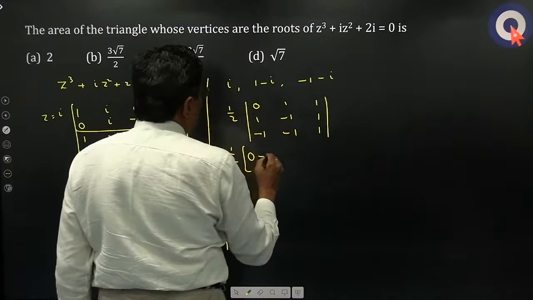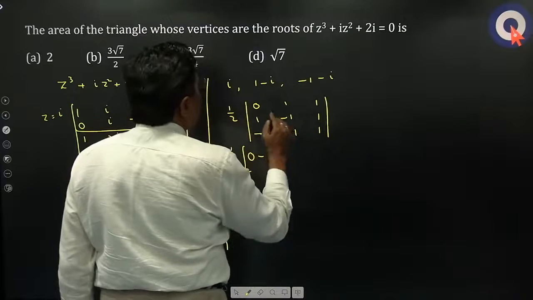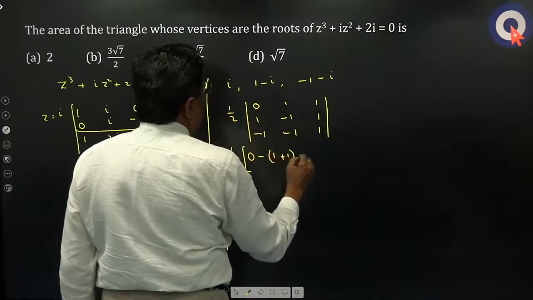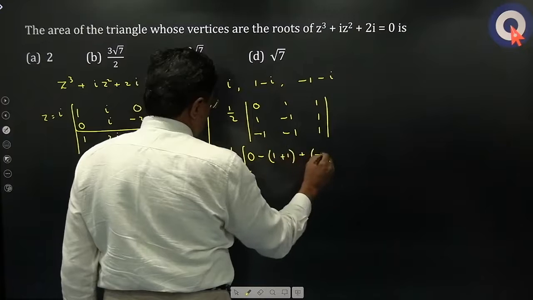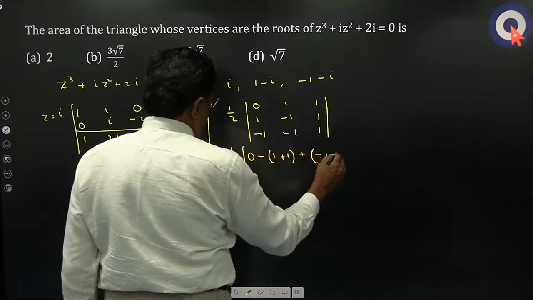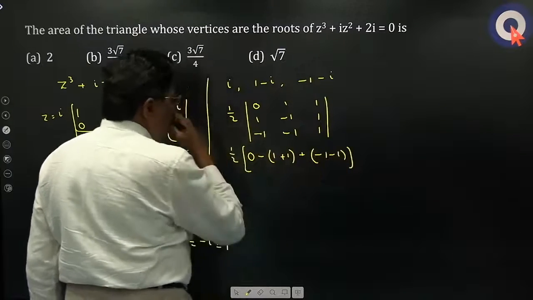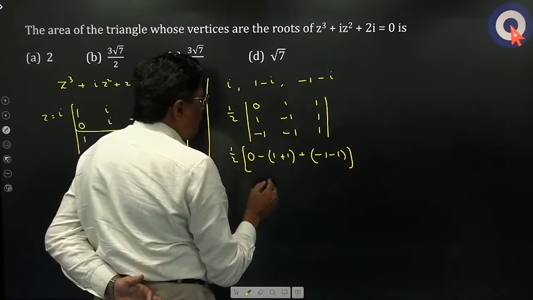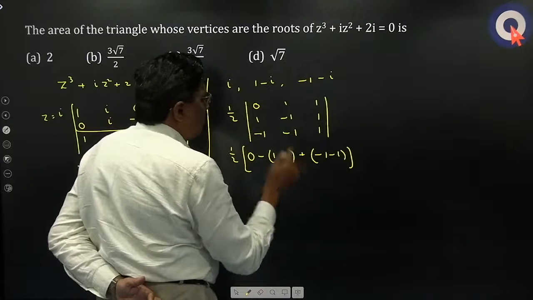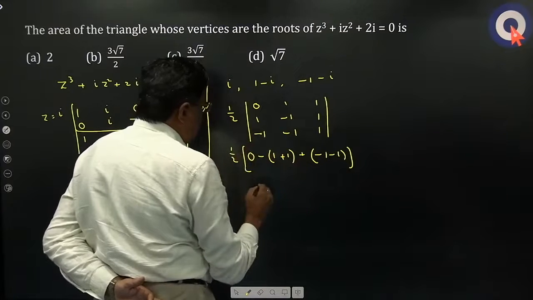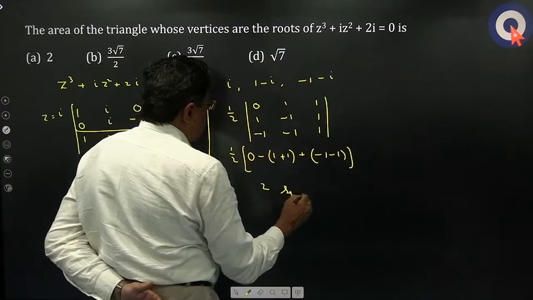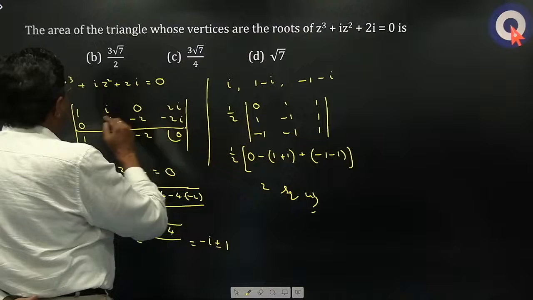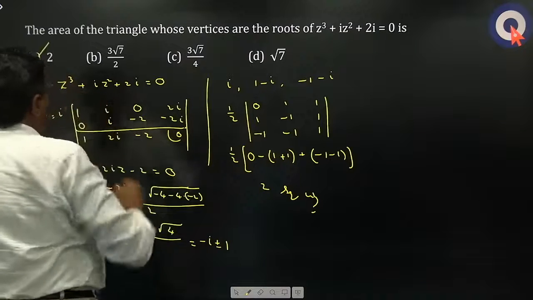Minus 1 into, what you get here? 1 plus 1 plus 1 into minus 1 minus 1. So this being area, we can consider the absolute value. The absolute value: minus 2 minus 2, minus 4 by 2 is minus 2. So absolute value is 2 square units. So the area of the triangle whose vertices are the roots of this is 2 square units.